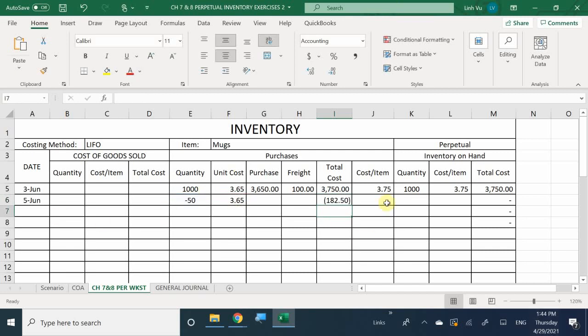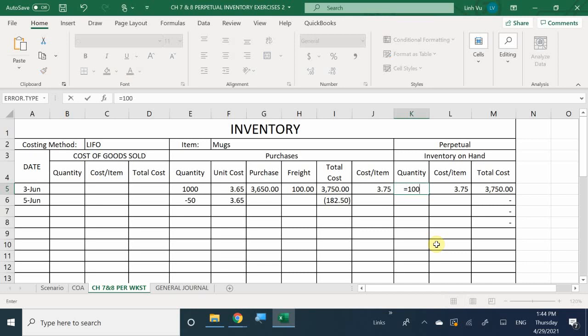From here, how do I update my inventory? Minus it from the inventory on hand. So I have 1,000 items and I returned 50. How much should I have left? 950.